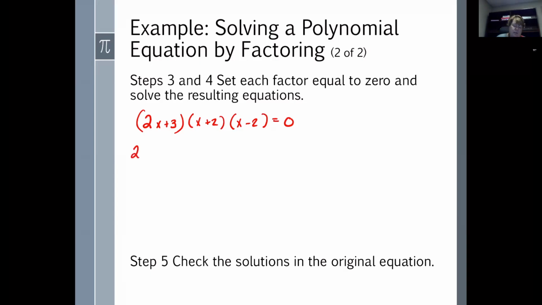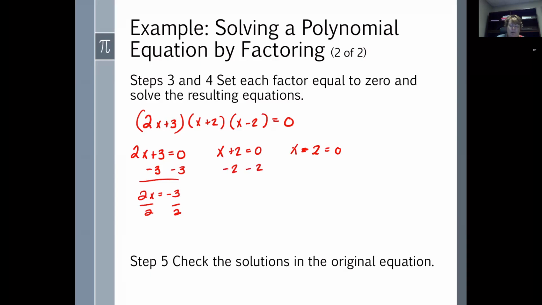So I set the 2x plus 3 equal to 0, the x plus 2 equal to 0, and the x minus 2 equal to 0. And then I solve the resulting 3 linear equations. Subtract 3 from both sides, divide by 2. So one solution is -3/2.